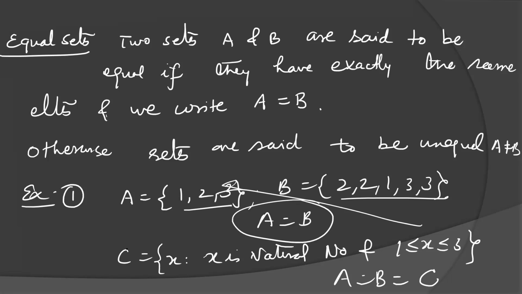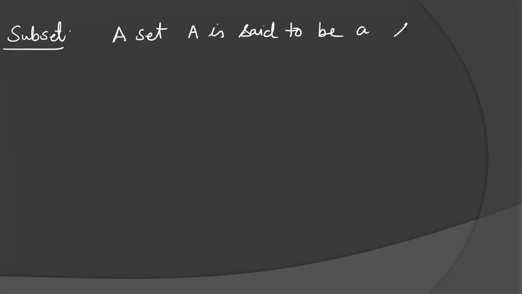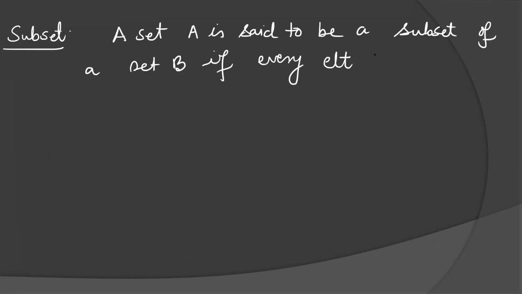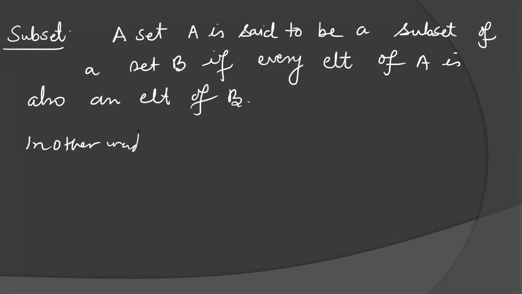Next definition is subset. A set A is said to be a subset of a set B if every element of A is also an element of B. A is a subset of B. This is the representation.